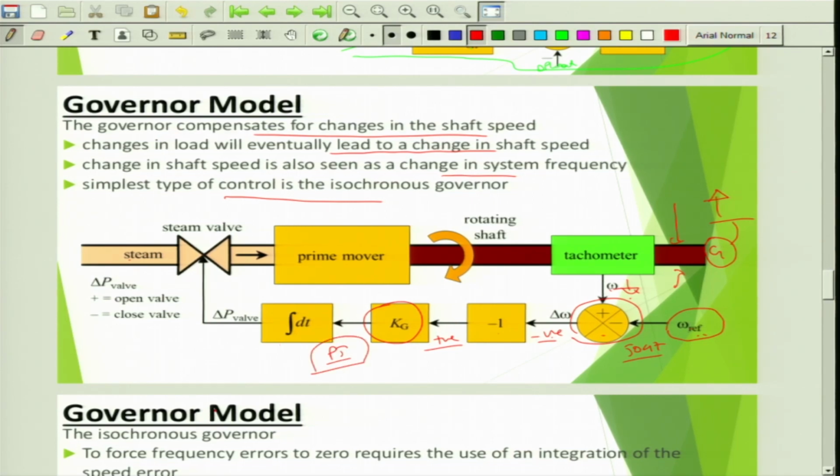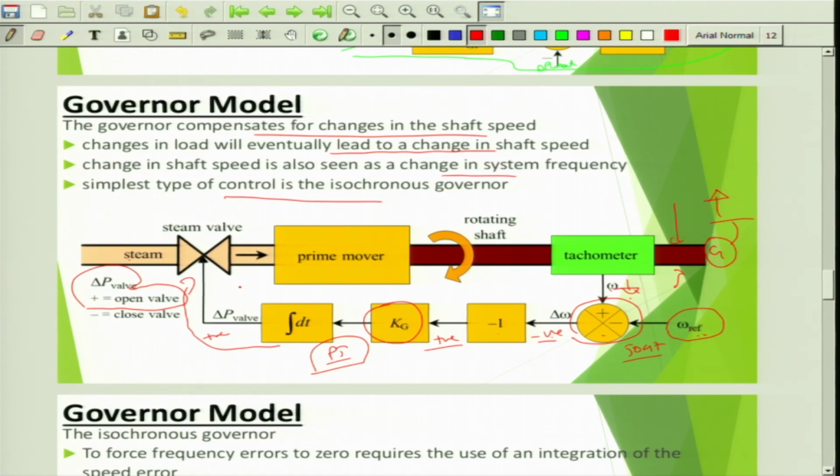The integrator will ensure that steady state error will be 0, and ultimately what is the action? The action is your change in load will have to be reflected as change in steam valve output, because of which the input will be increasing now. So the entire thing is positive. Positive means what? Open the valve. You open it even wider so that more steam can go inside.